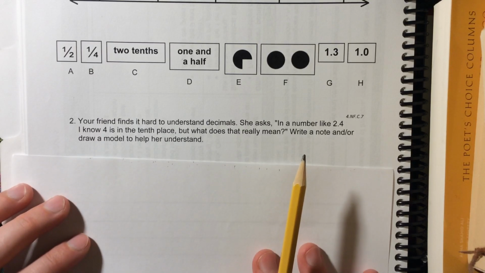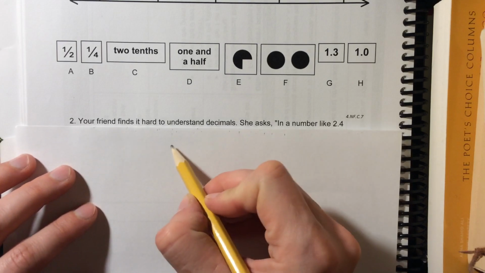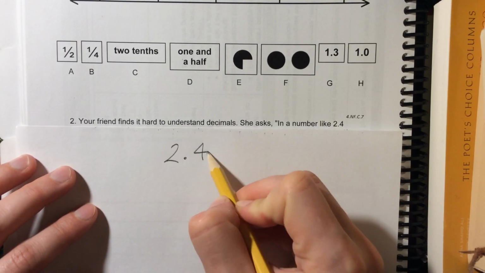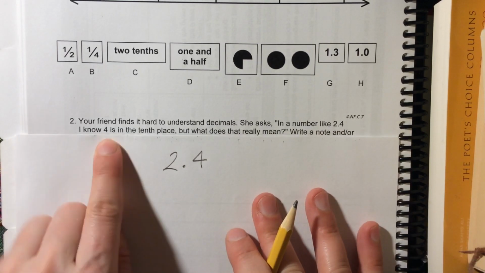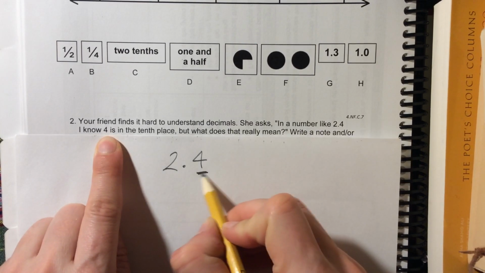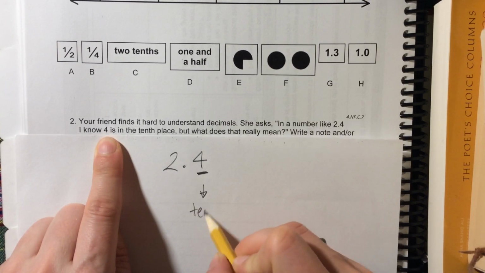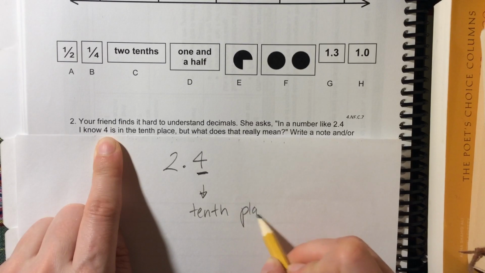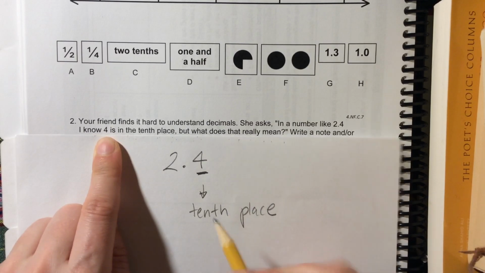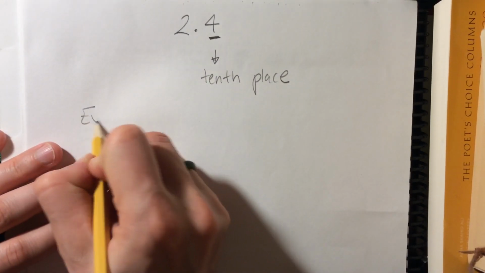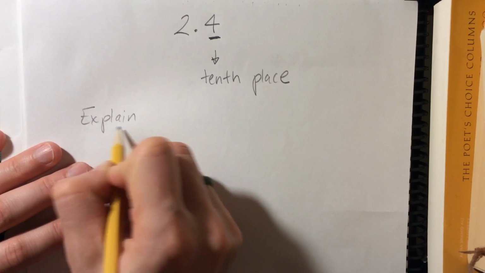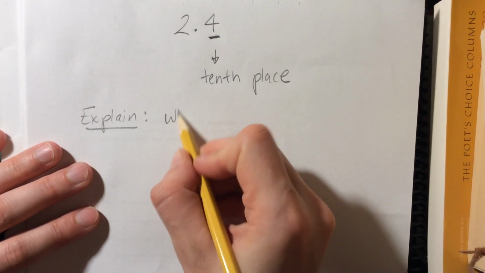So I am not going to help you so much, but I will tell you this. We have this number, 2.4, and this person says 4 is in the 10th place. So I want you to explain, what does that mean?